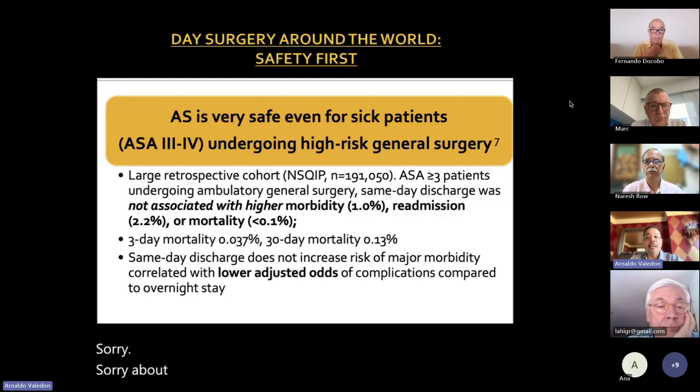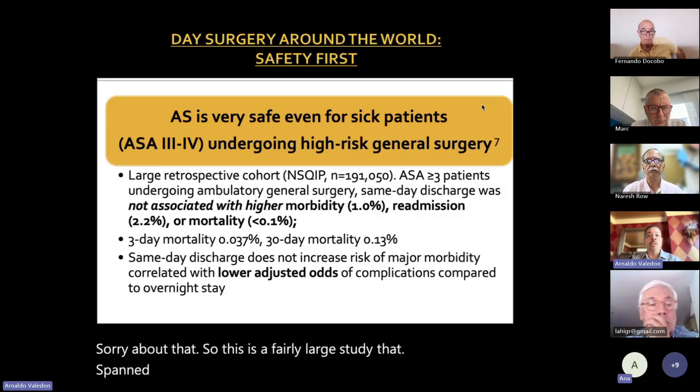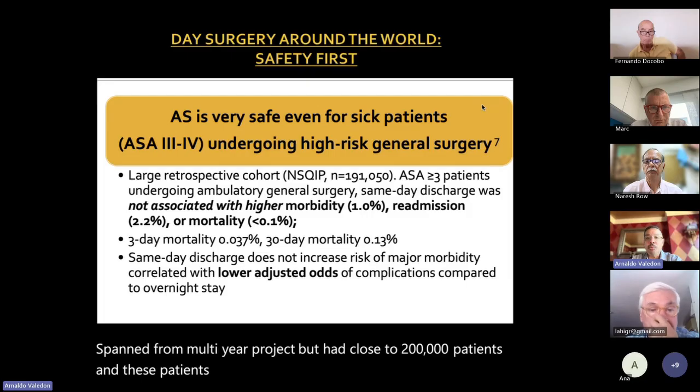So this is a fairly large study that was a multi-year project, but had close to 200,000 patients. And these patients were ASA 3s and 4s, certainly not the healthiest of the bunch.